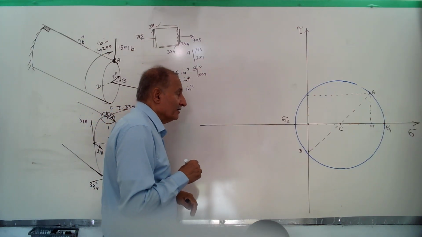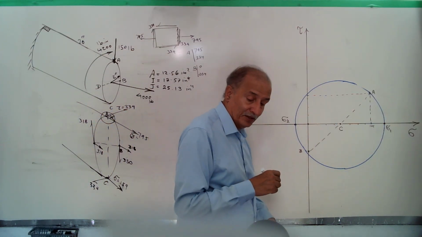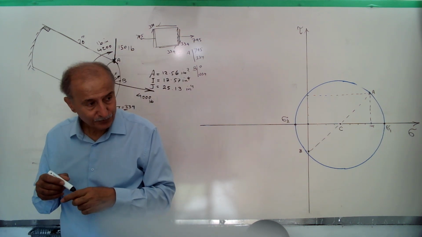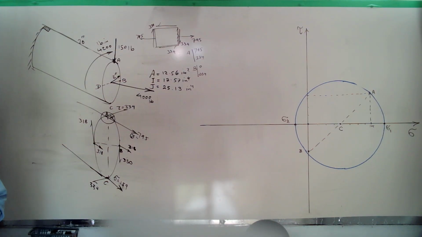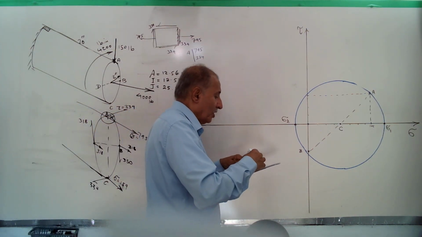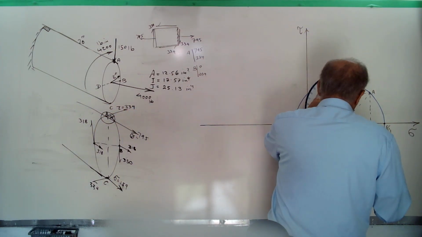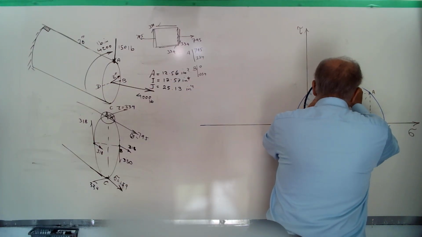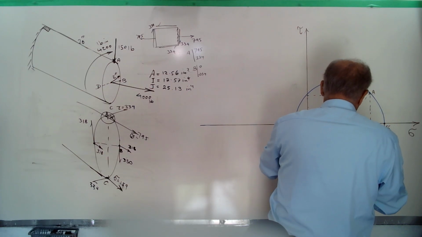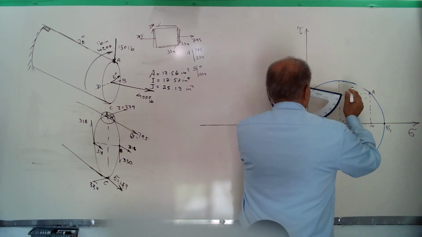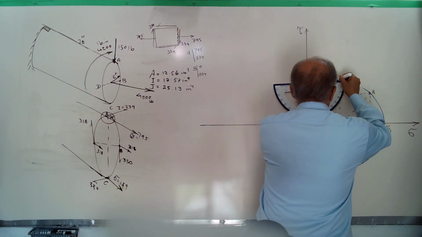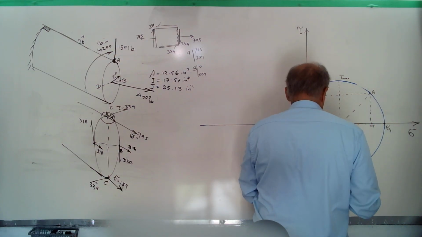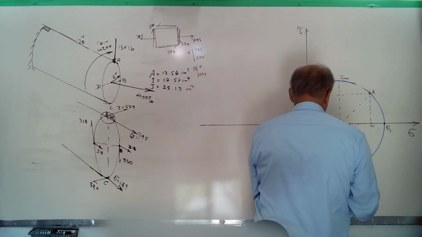Okay? Then there is also another stress here, which is famous and is called tau max. You can draw tau max here, on both sides. This is tau max. Value is here and here, minus and plus.